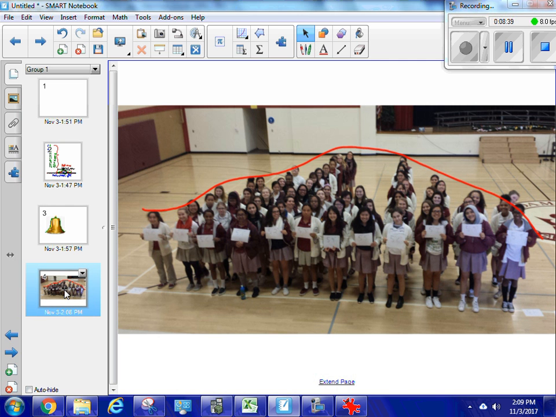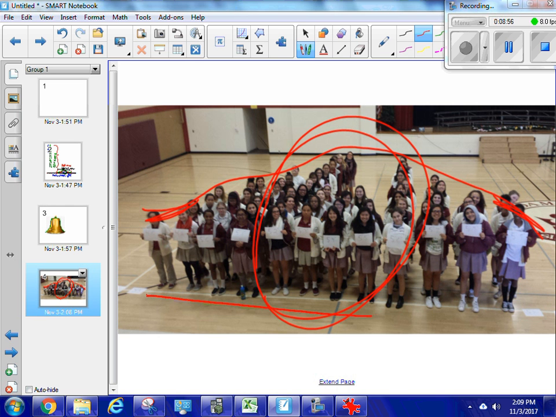It's not exact, but most of the kids are right in here in the average. And then we have some that are pretty small and a couple that are really pretty tall. So again, it really makes it easy to see what's the average, how much variability is there. It's really nice to have it as a graph rather than just have everybody tell us their height.